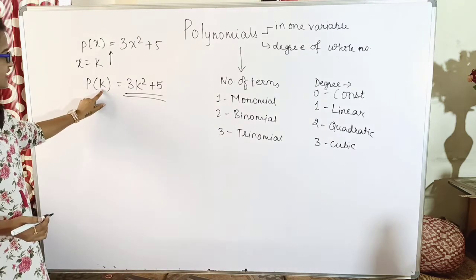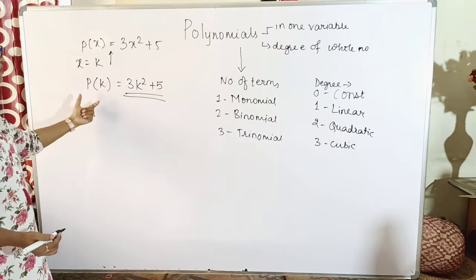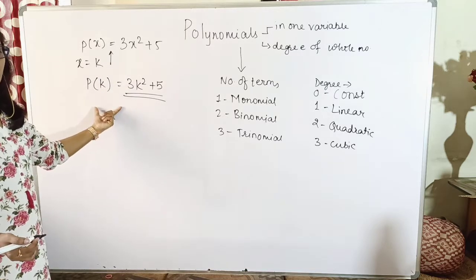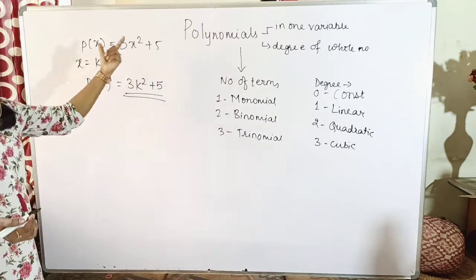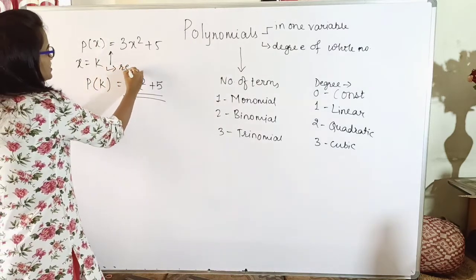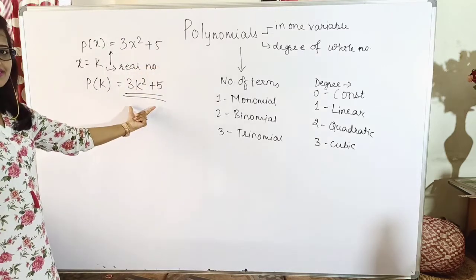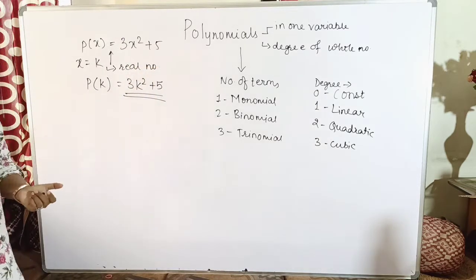Yes, so now this value which you have obtained is nothing but p of k. Now why have I written it as k instead of x? Because now I have replaced x with k, hence the expression will be read as p of k. So the expression wherein x is replaced with k, where k is any real number, the value so obtained is said to be p of k, isn't it?